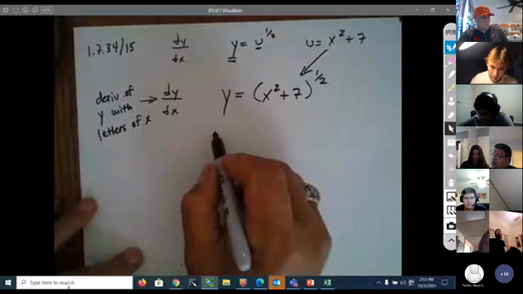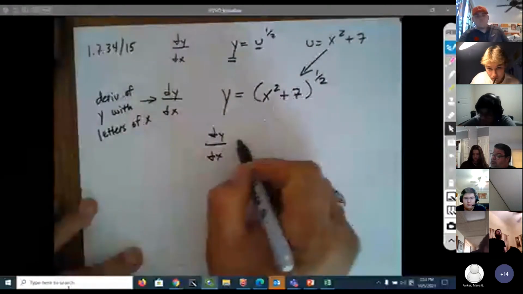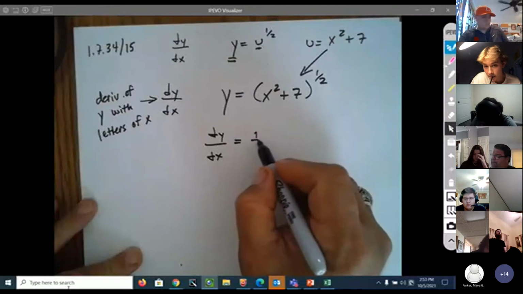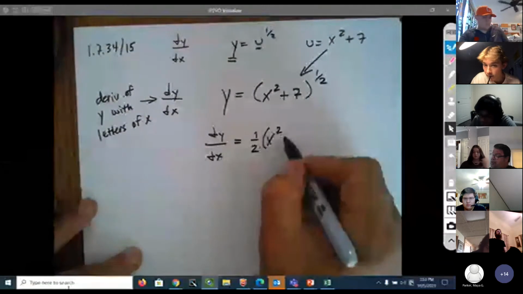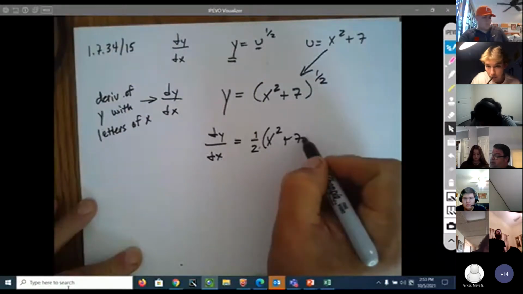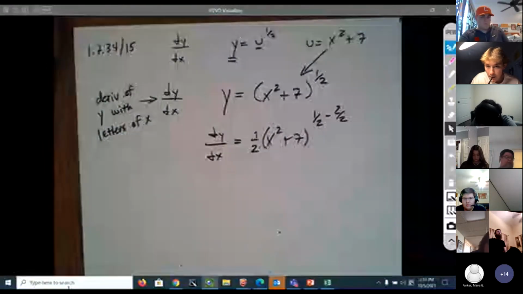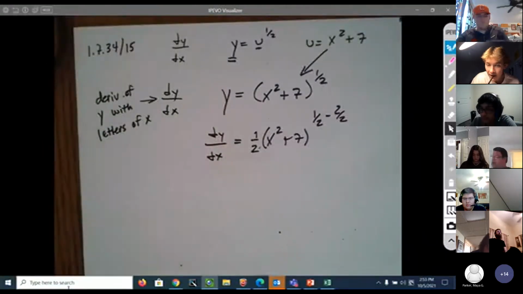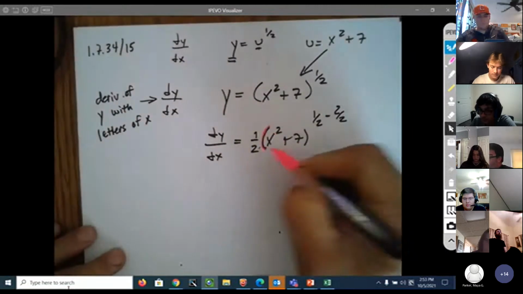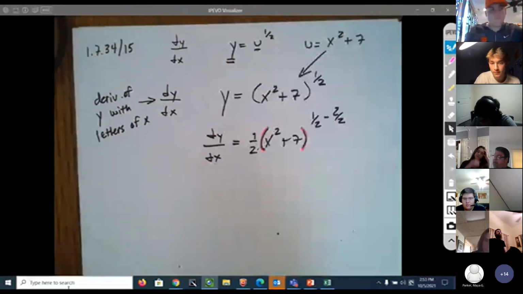And that's going to be dy dx equals, bring this out front, 1/2 times x squared plus 7 to the 1/2 minus 2/2, and here's your parentheses. And somebody tell me what the derivative of x squared plus 7 is.